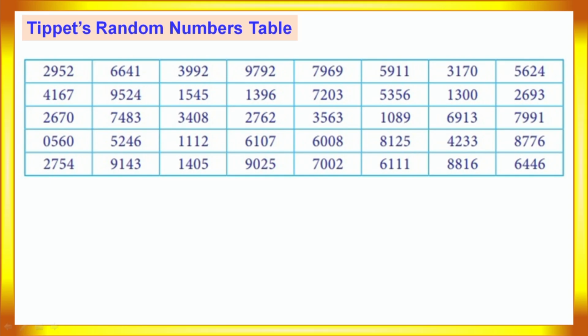If you give identification numbers 1 to 100 to your population, first 52 will be your sample, then 67, or maybe 52, then 41, then 92. So, this is the simple way of selecting using the random number table.